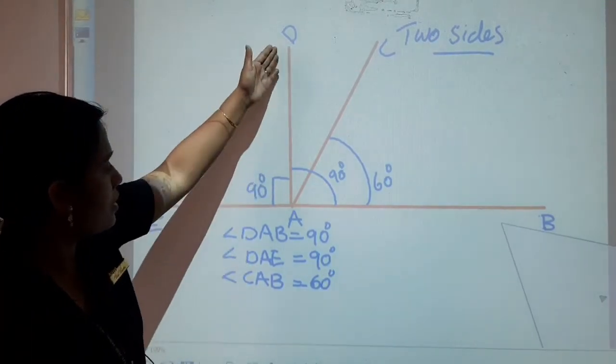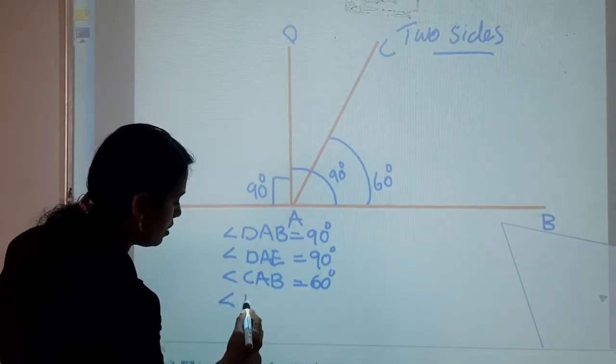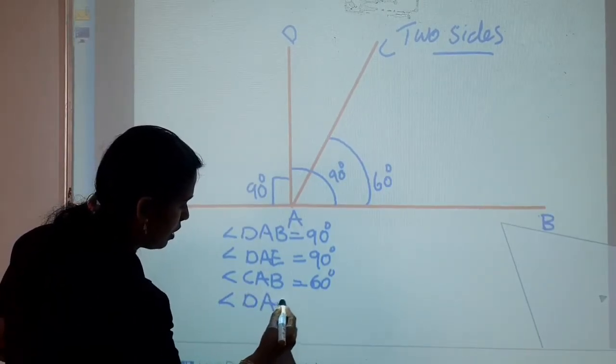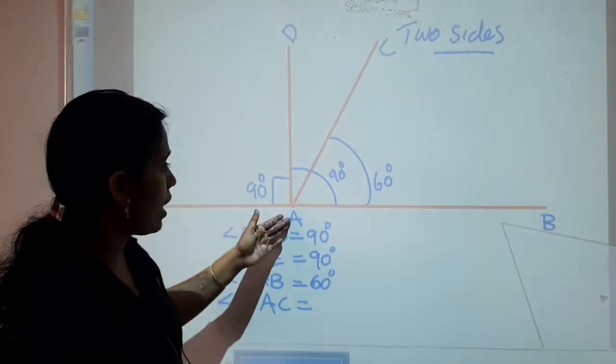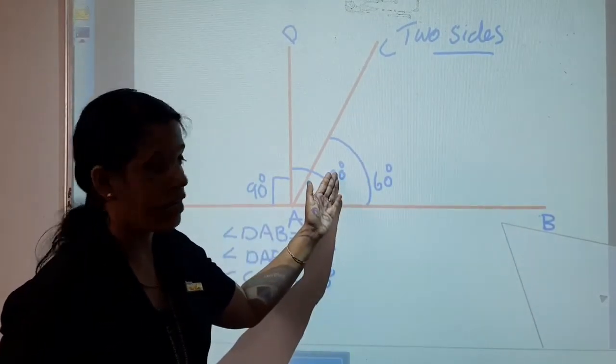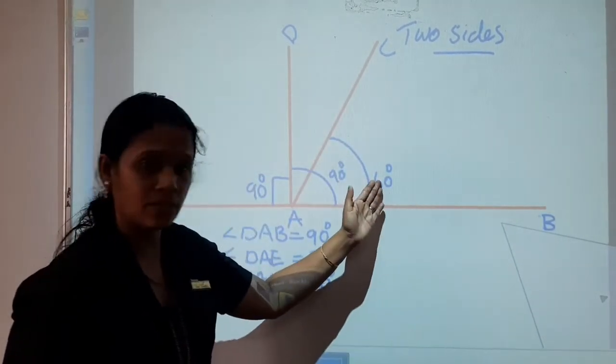Here angle DAC is equal to, here angle DAB 90 degree and CAB 60 degree.